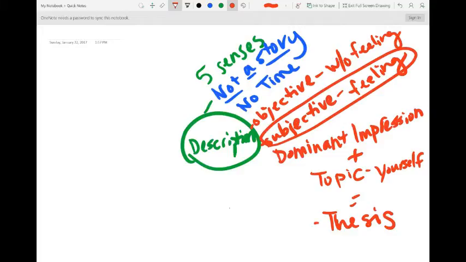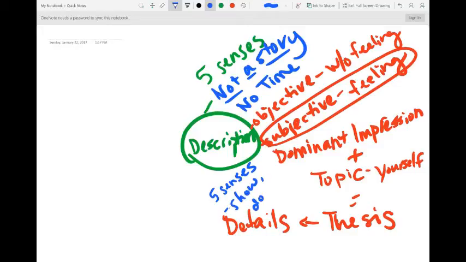So then once you decide on a thesis, then the next step is to decide on your details. Now, the details, of course, will be details about you. And we want to hit on those five senses. So that's one thing you definitely keep in mind when you're working on the details, is that we want to see those five senses. Okay, the other thing we want to make sure we do is that we show, don't tell.